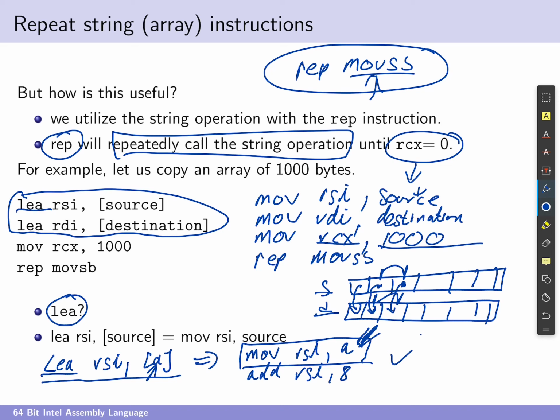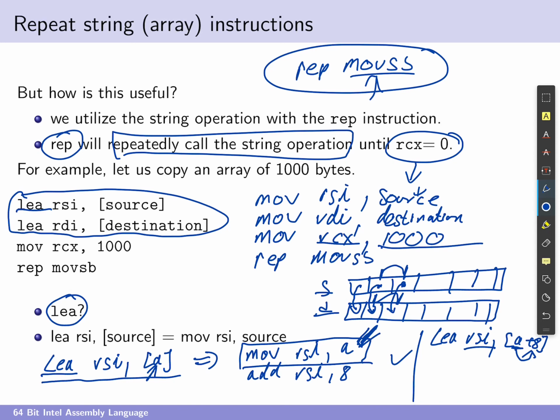However, if I use LEA, I have the upside where I can instead simply go LEA, the register I want to store it in, A plus 8. And now what this will end up doing is it will store the address of A with 8 bytes added to it. So RSI still contains an address, but it's offset by how much I've specified on the right.